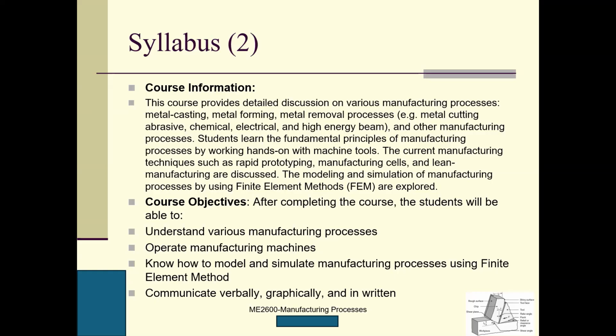If you have taken an engineering shop course or machine shop course, you will know what material removal processes are, right? Students learn the fundamental principles of manufacturing processes by working hands-on with machine tools.